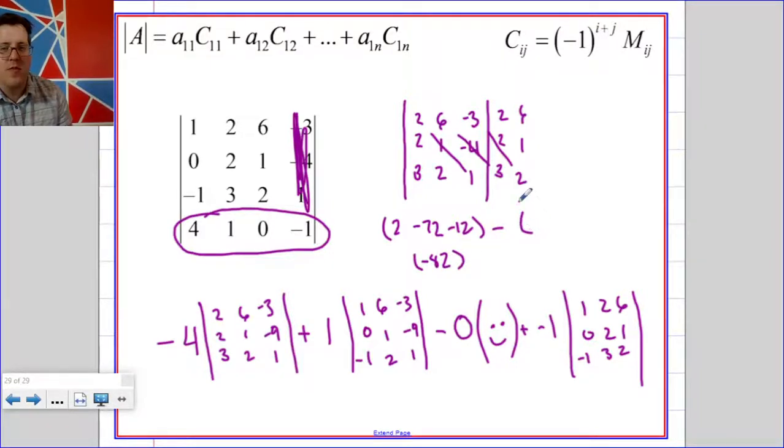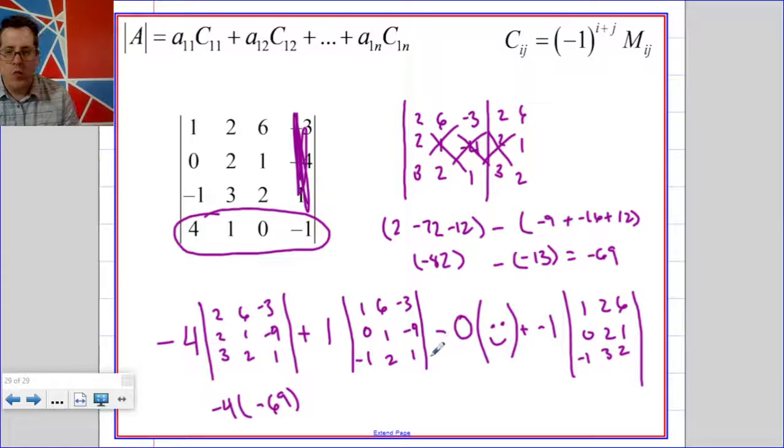Minus, going in the opposite direction, that'd be -9 plus -16 plus, looks like 12. So minus -13 would give us negative, I think -69 here. So -4 times -69.